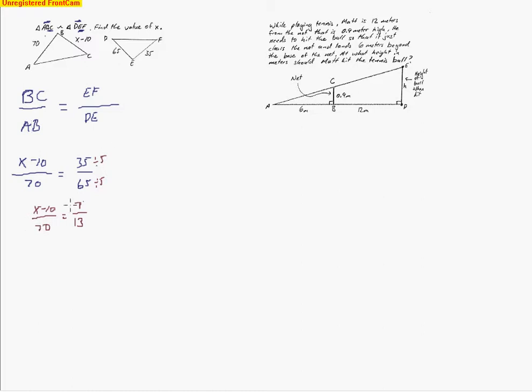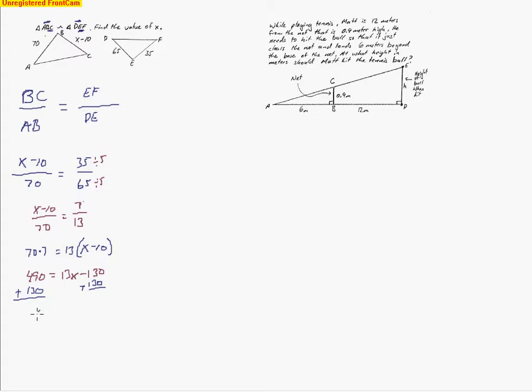So now I'm ready to go ahead and solve. I'm going to do the cross multiplying. 70 times 7 equals 13 times x minus 10. I can go ahead and distribute and multiply, and I got 490 equals 13x minus 130. I can add that 130 to both sides to cancel it out and isolate the x.